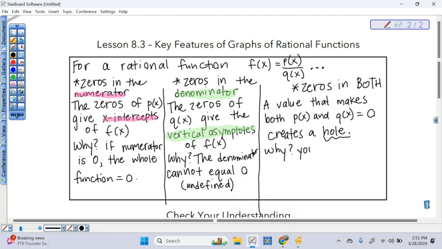Because you can't have both an x-intercept and a vertical asymptote at the same value of x.